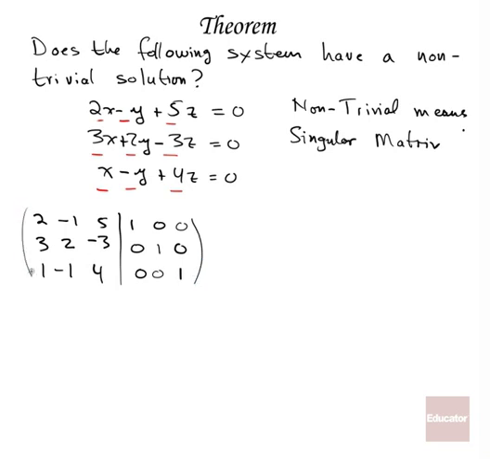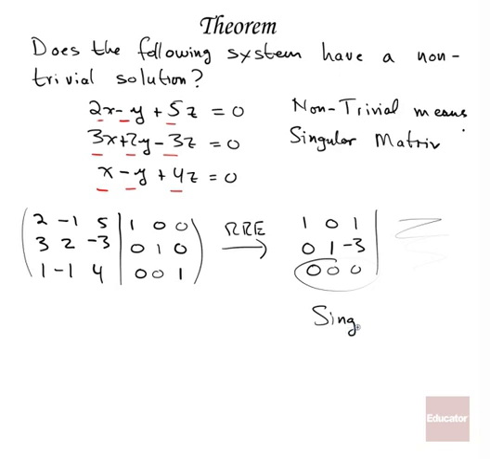We will subject this to our mathematical software, and we end up with the following: 1, 0, 1, 0, 1, negative 3, 0, 0, 0. Doesn't matter what the other entries are, because we notice this row of zeros. So we're definitely talking about something which doesn't have an inverse, which means that it is singular, which implies that, yes, there exists a non-trivial solution.